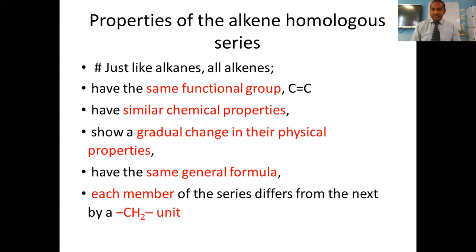In this case, the functional group is the carbon double bond, as you can see on this whiteboard. They have similar chemical properties. They show a gradual change in their physical properties. They have the same general formula just now, CnH2n. Each member of the series differs from the next by a CH2 unit.